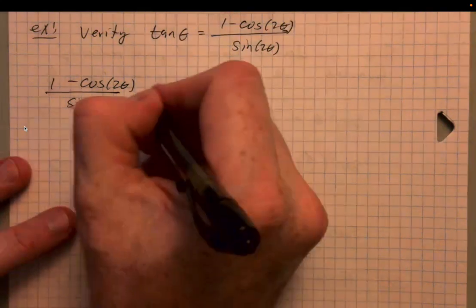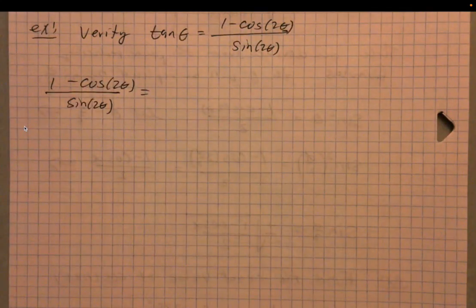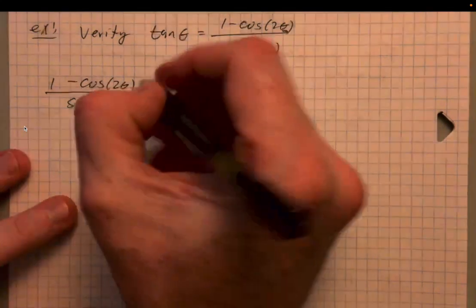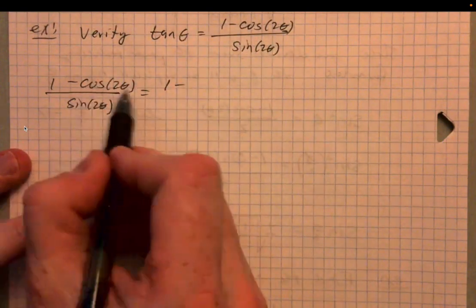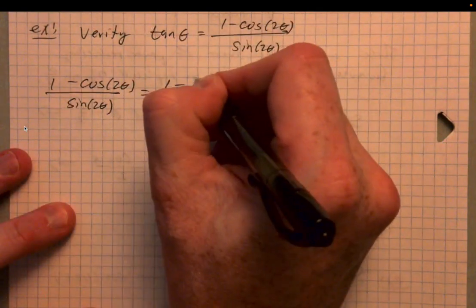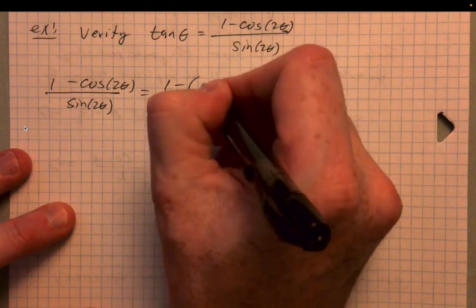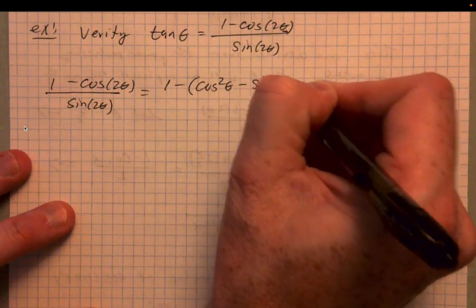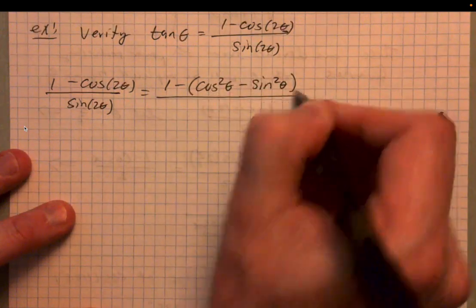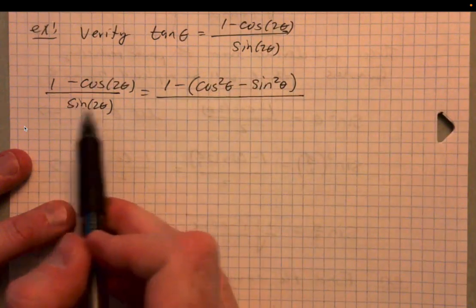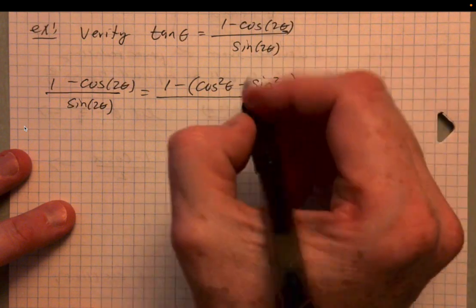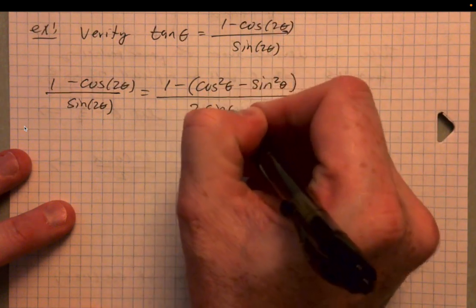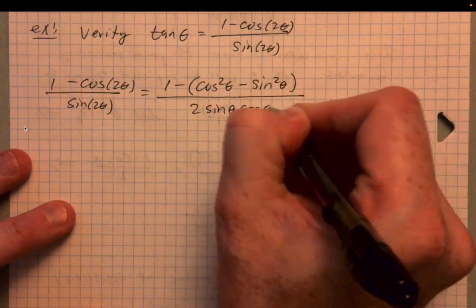And so then I can write this as 1 minus, now instead of cosine of 2 theta, I'm going to use the double angle formula here. And I know that that's cos squared theta minus sine squared theta. And then down here, I'm going to use the double angle formula for the sine, and that one is 2 sine theta cos theta.